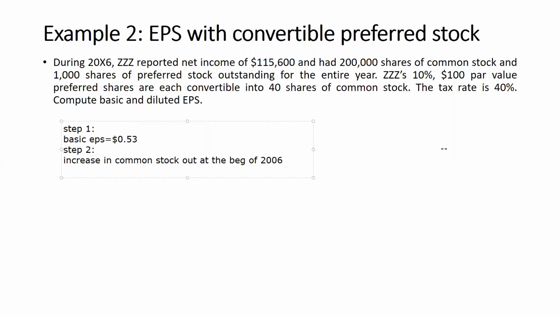How can we calculate? Who can help me? We need to convert the preferred stock. We said there are 1,000 shares of preferred stock available. Preferred shares times 40: for each preferred share, we'll have 40 common shares. In total, we're going to have 40,000 common shares.